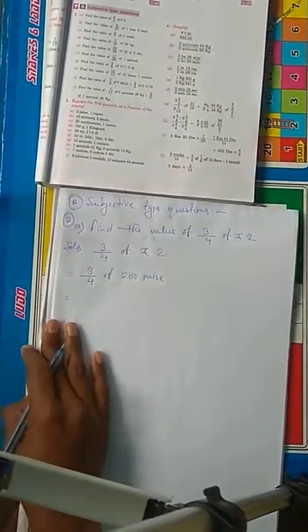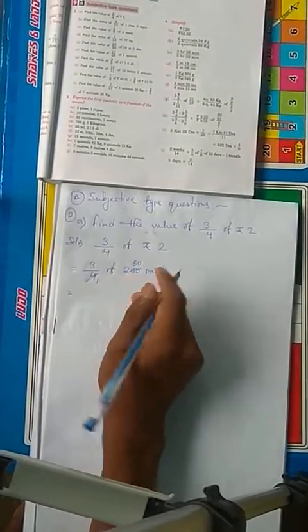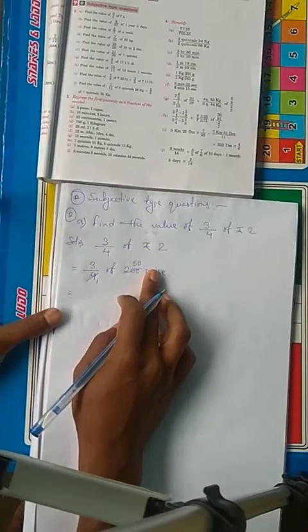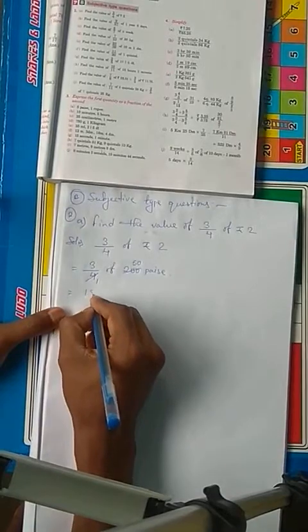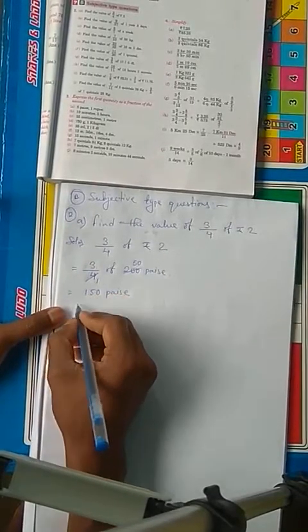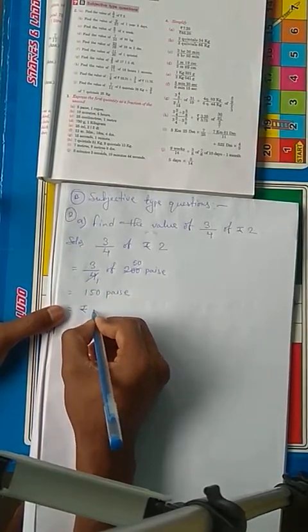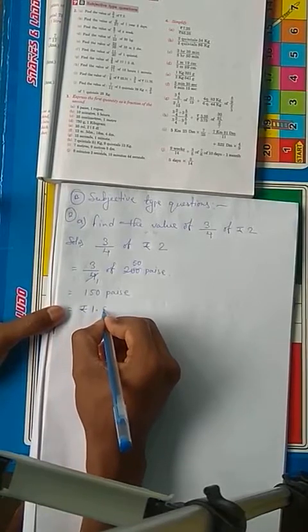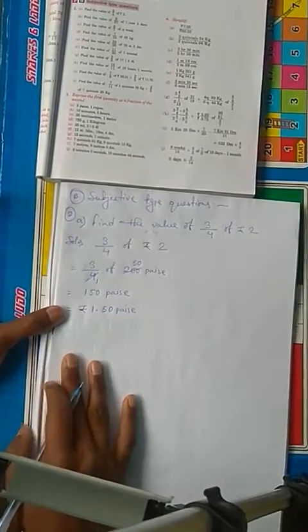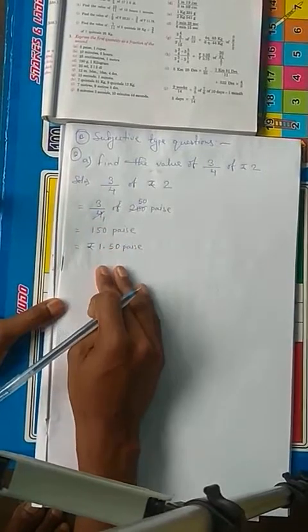So 4 1s are 4, 4 50s are 200. So 3 50s are 150 paise. So 150 paise means rupees 1 and 50 paise. Is not it? So you have to do it like this. Okay.